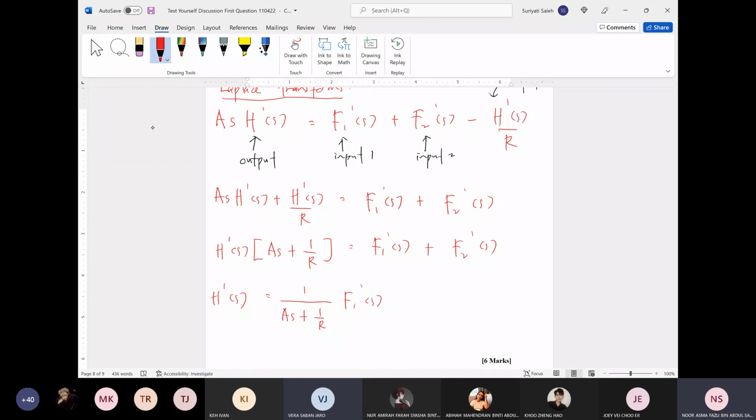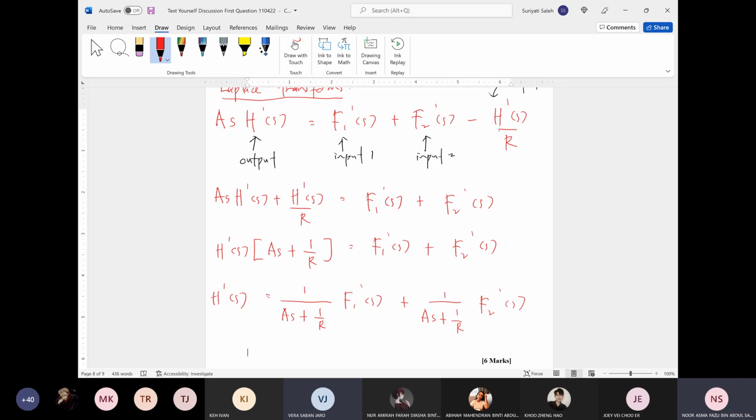So this is the first and second one, with F2'(s). So there are two transfer functions, although we can say that both transfer functions have the same term. Although you have the same term, it's better you separate them in order to avoid confusion.